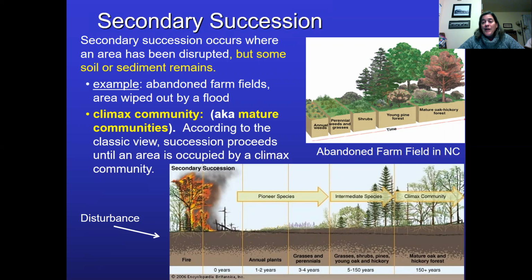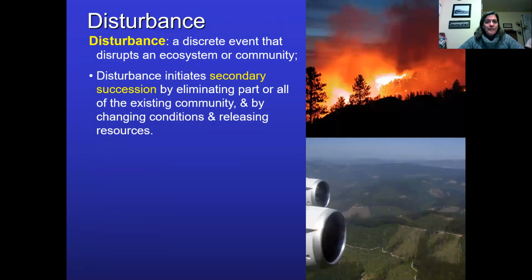The climax community is often also called the mature community. And this is kind of the end result, that's the big trees, the most biodiversity, et cetera. It makes it sound like that's the end thing, and then it's done. But ecosystems will always evolve over time.